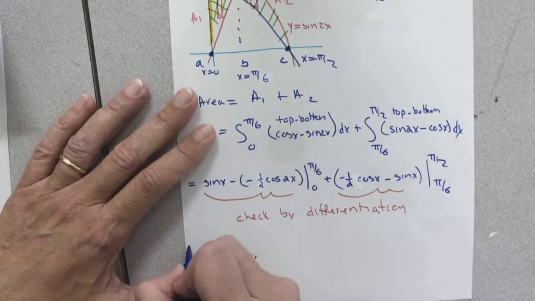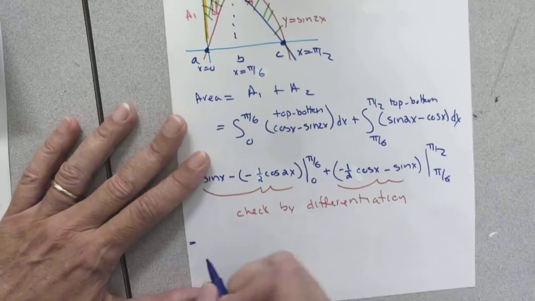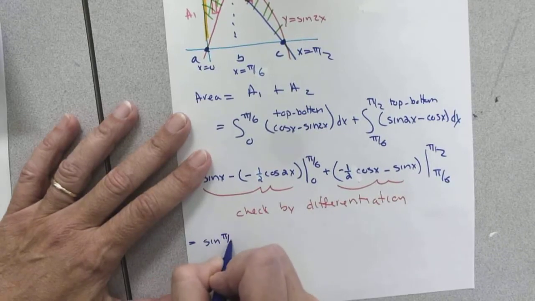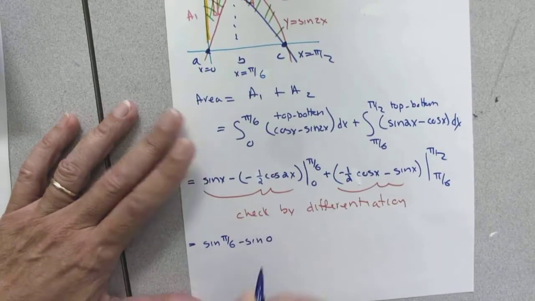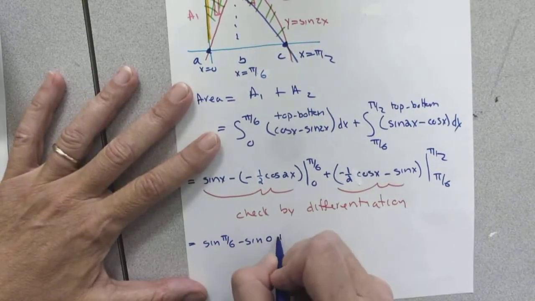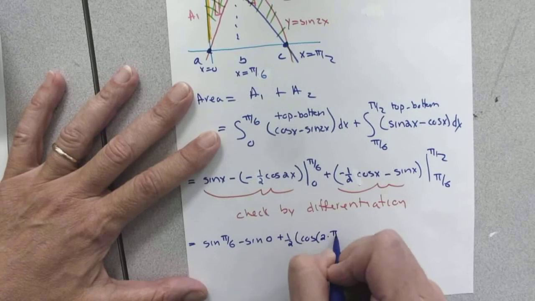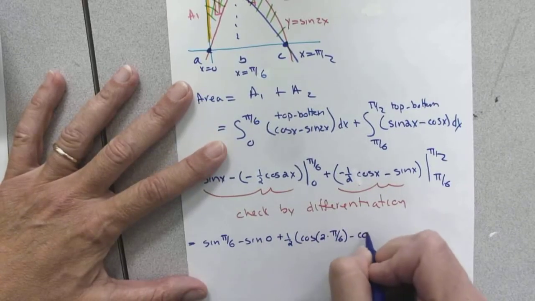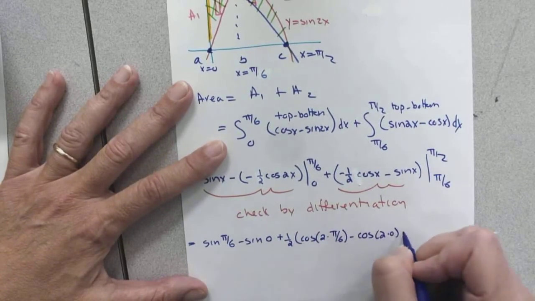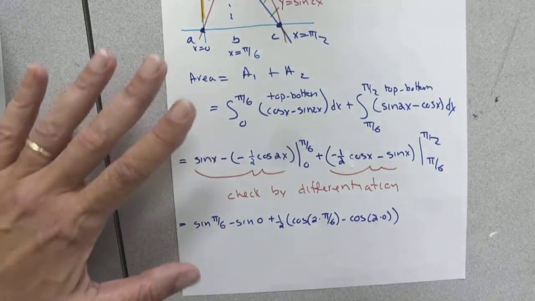Okay, doing the evaluation. Again, I prefer to work term by term. So working with the sine x, that's sine of pi over 6 minus sine of 0. Plug the pi over 6 into the sine, plug the 0 into the sine. Do them separately. Then that's going to be plus 1/2 cosine of 2 times pi over 6 minus cosine of 2 times 0. And I'm going to drop down because I'm running out of room.